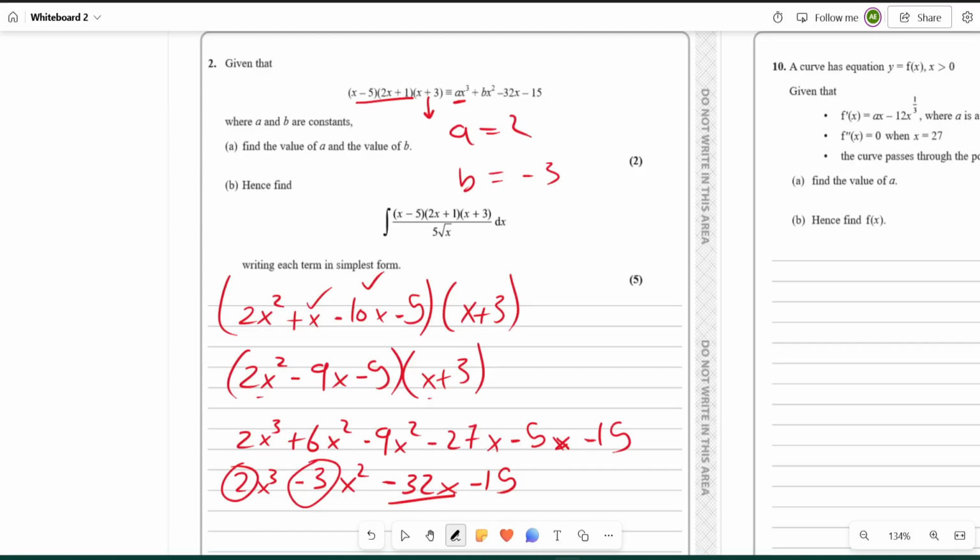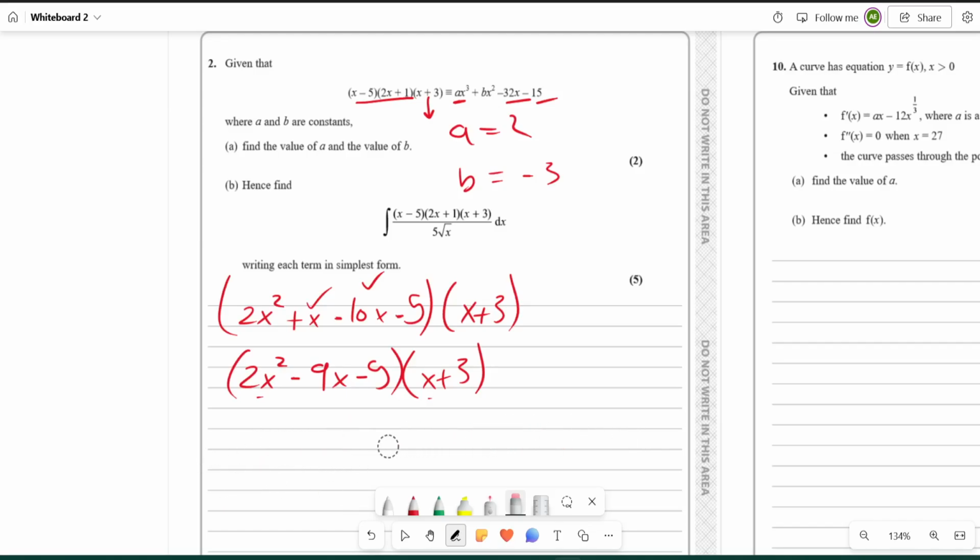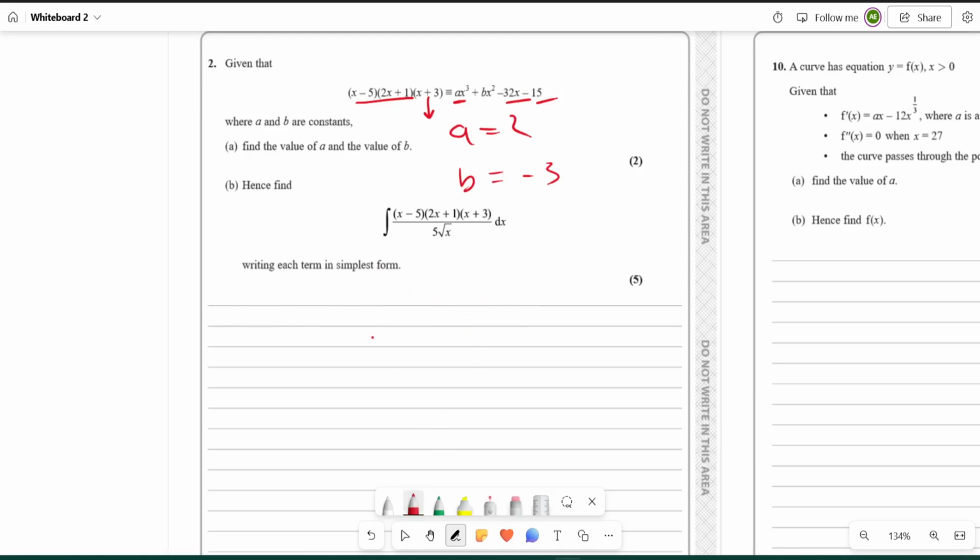And this is minus 32, then minus 15, which is correct. Now, let's use that. It says, hence, use that information to find the integration of this expression over here.